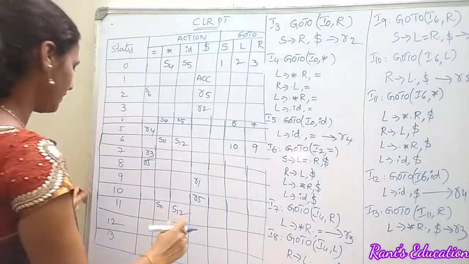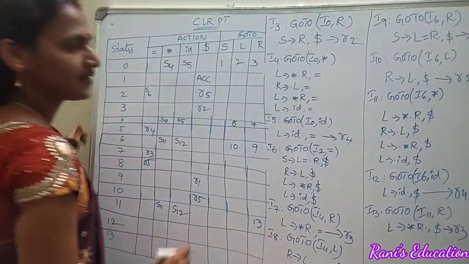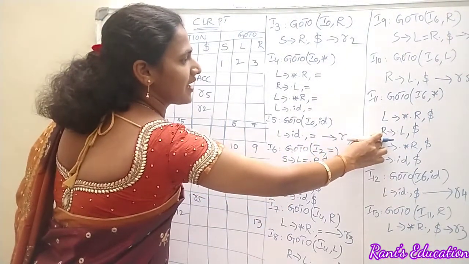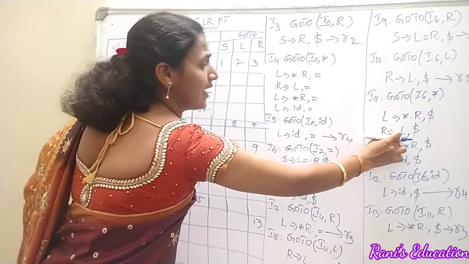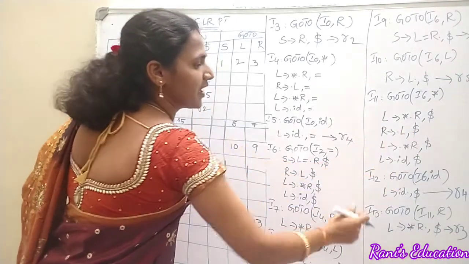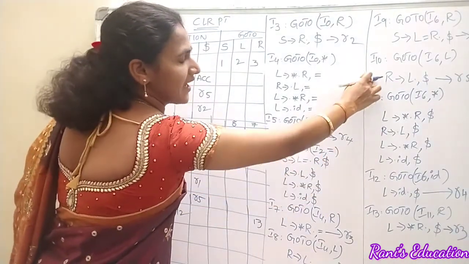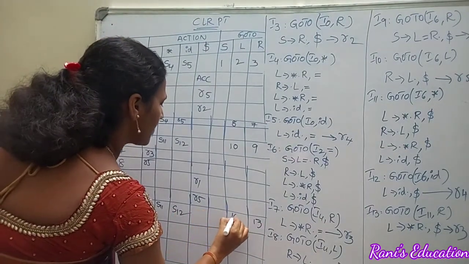So under R, you are going to write the number as 13. Now go for the second production in I11, R derives dot L, which is changed to L dot with a look ahead dollar. In which item? In 10, right? So under L, you are going to write 10.